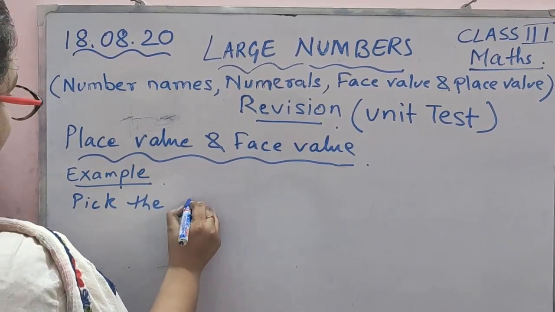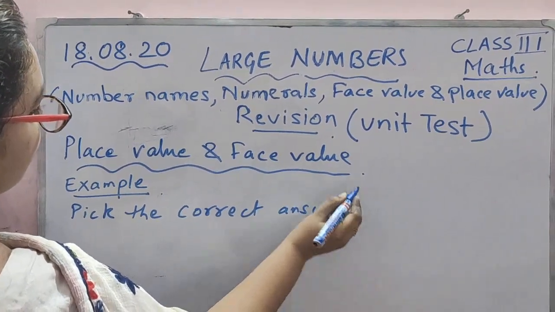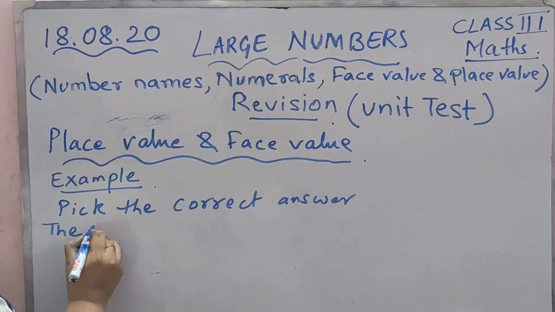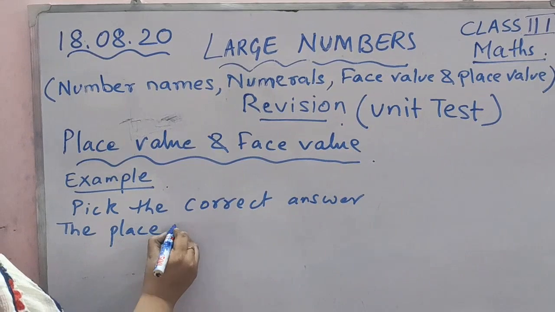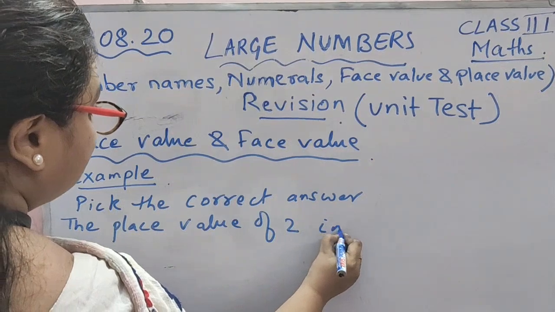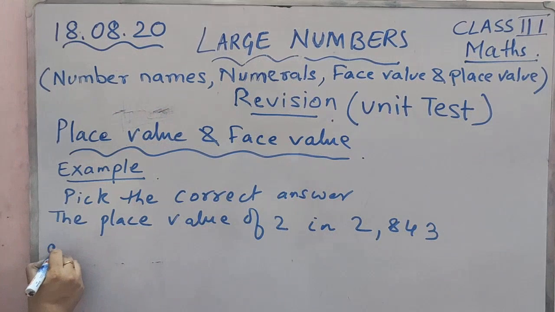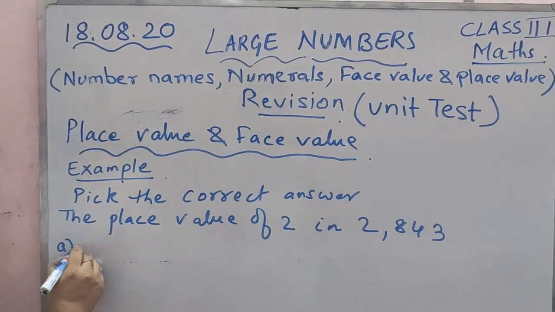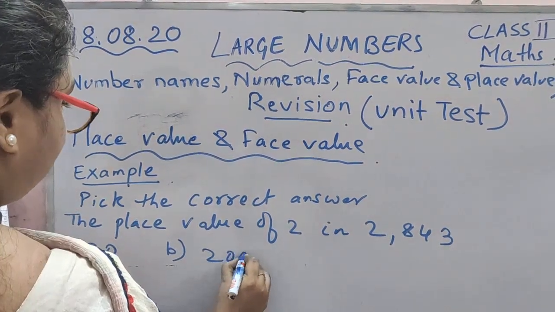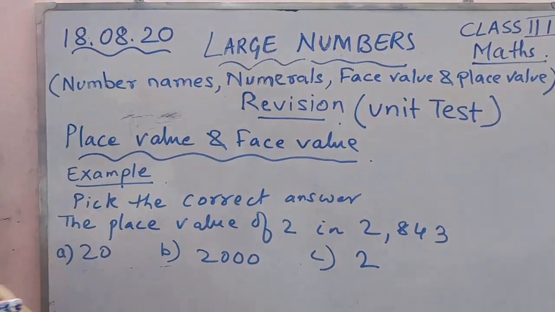Take the correct answer. The place value of 2 in, the options are, okay.